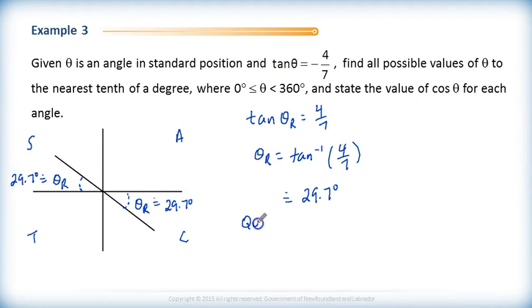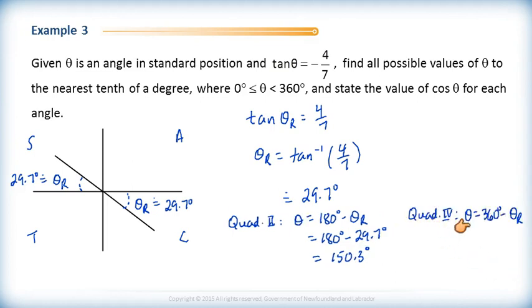Now in quadrant 2, our angle would be 180 minus the reference. So it's 180 subtract 29.7 degrees, which works out to 150.3 degrees, approximately, of course.